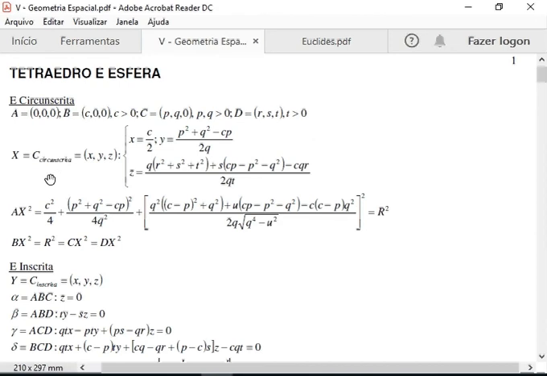The center of the circumscribed sphere is X. Its coordinates are x, y, z. x is c over 2, y is (p squared plus q squared minus cp) over 2q, and z is (q(r squared plus s squared plus t squared) plus s(cp minus p squared minus q squared) minus cqr) over 2qt.